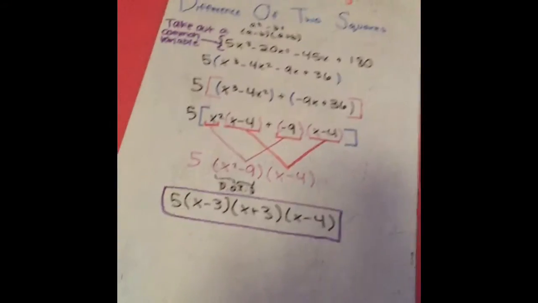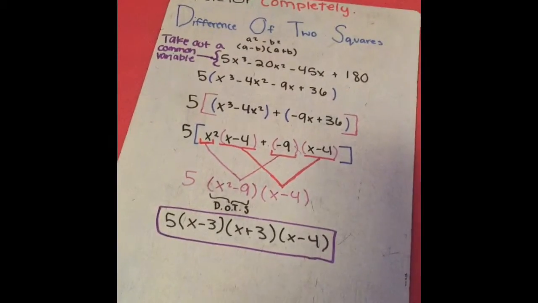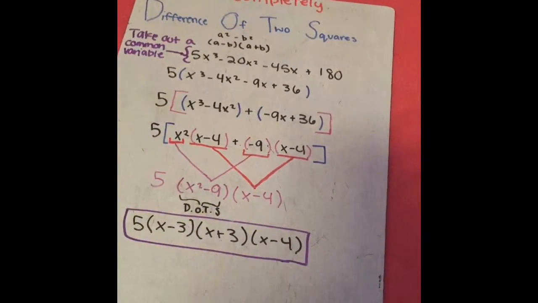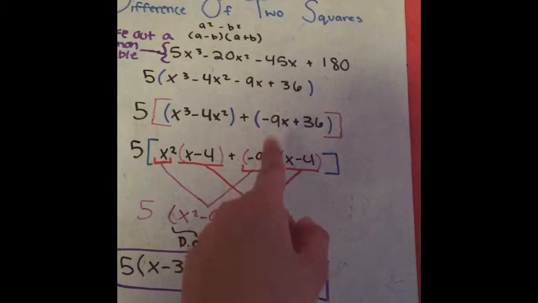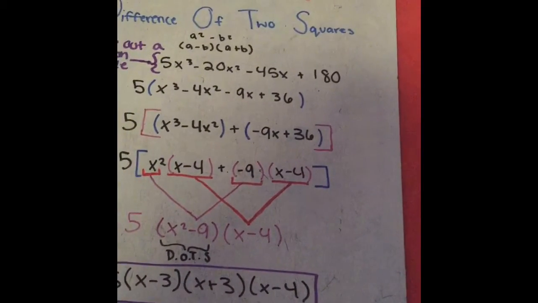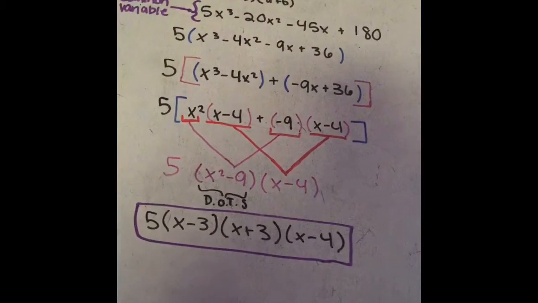Okay, so the next problem that we're going to do is we're going to have to factor out an equation completely. This is the equation we are presented with: 5x^3 - 20x^2 - 45x + 180. You're going to have to take out a common factor from that, and the common factor will be 5.